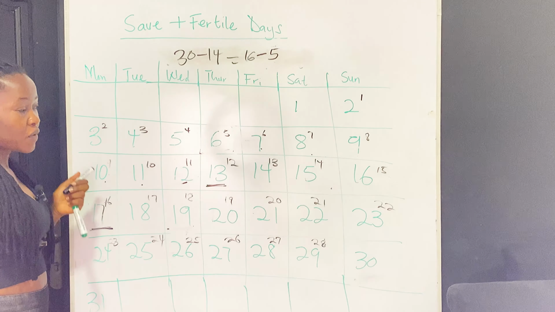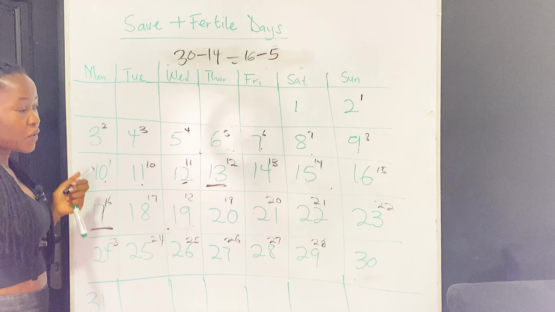Since Priscilla is ovulating on the 17th, there's an active egg in her system. And the catch is, active sperm can stay in the female body for 5 days.